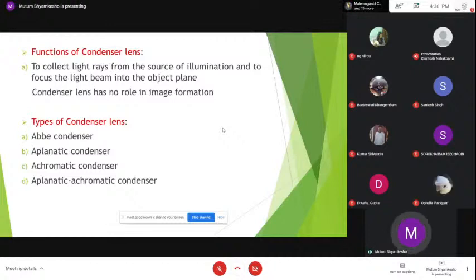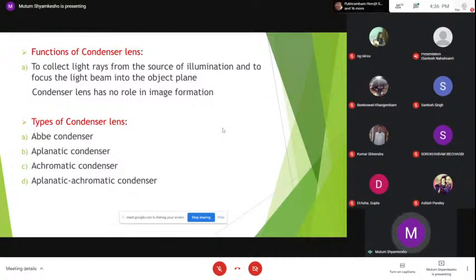Then there are four types of condenser lens in light microscopy. The first is the Abbe condenser. The second is the aplanatic condenser.